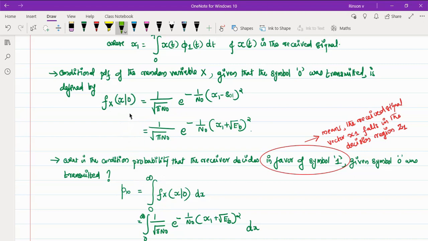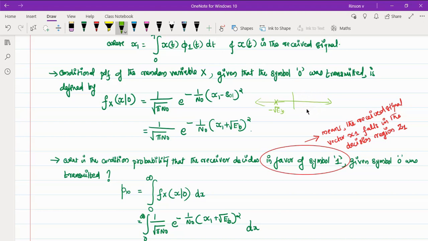Now what I am telling is this: I have transmitted symbol 0, that is minus root Eb, but because of some reason the received signal point can be in this region. Now what is the probability that the received signal point is in this region?